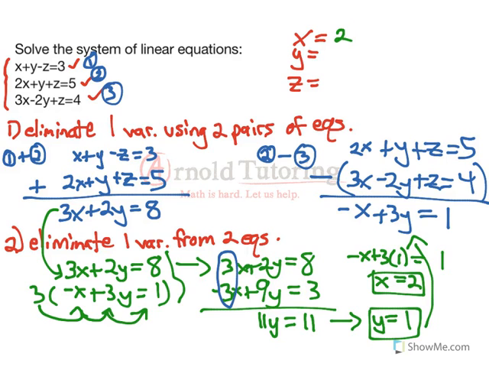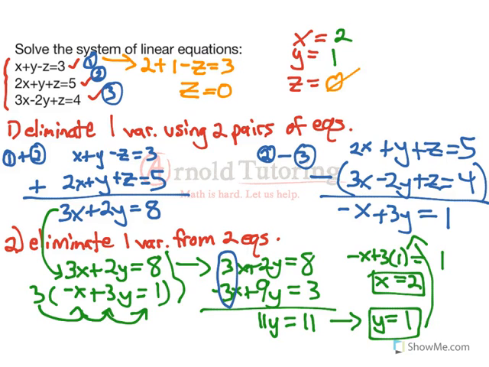So we have x equals 2, y equals 1, and then you can plug those back into any of the originals. So I'm going to plug it back into equation 1 right here, and I get 2 plus 1 minus z equals 3.